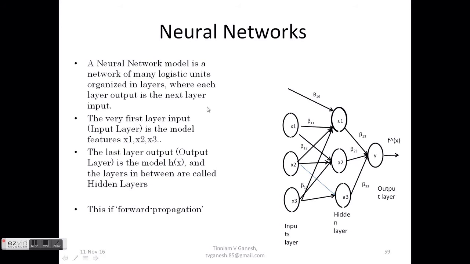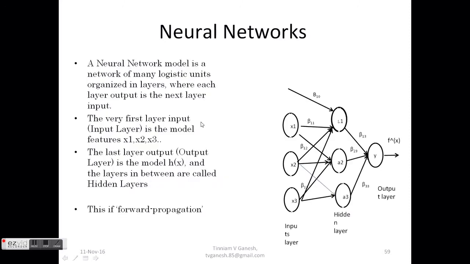A neural network is a network of many logistic units organized into layers, where each layer's output goes into the next layer. The very first layer input is the model features x1, x2 and x3. The last layer is the output. This is known as forward propagation.